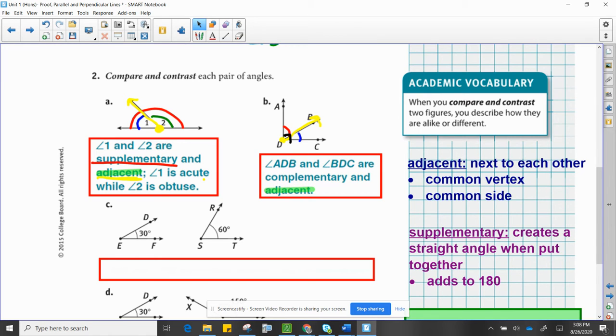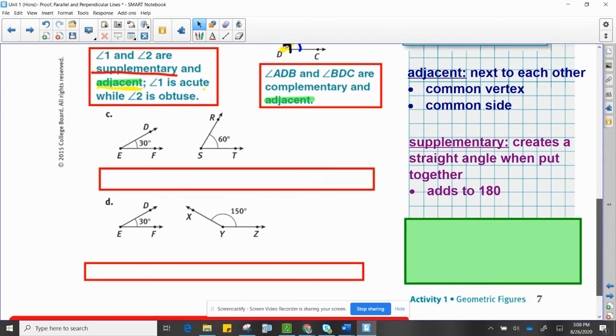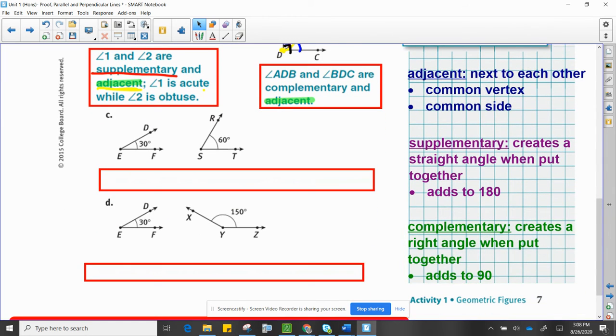So they are adjacent because they are connected to each other, they're next to each other, but they are what we would call complementary. So here's the definition for complementary angles. Those are angles that create a right angle when you put them together. Or if you added their angle measurements, they would add to 90 degrees.